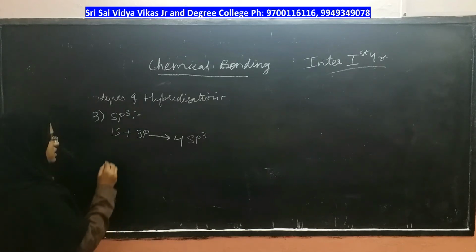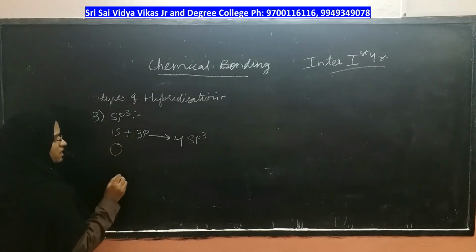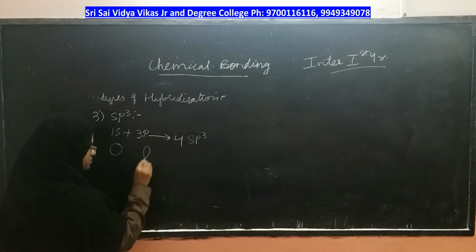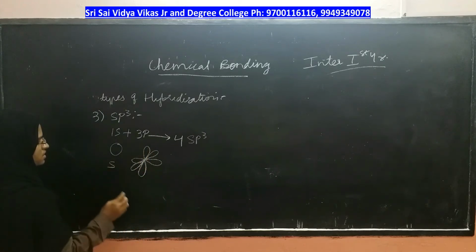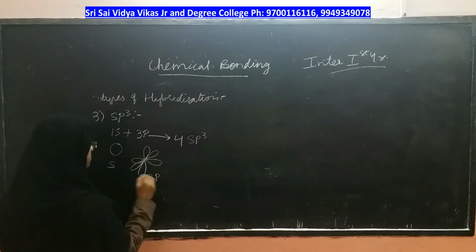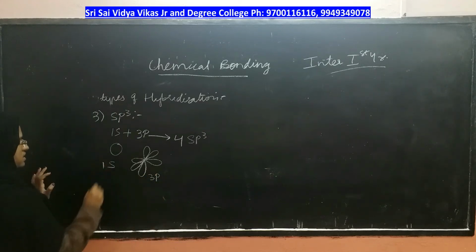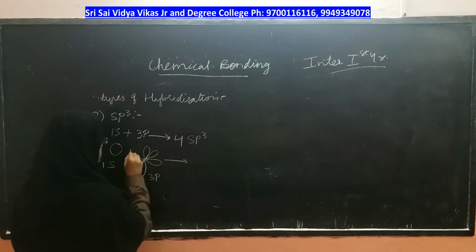Now let us look at the shape. S orbital is spherical. P orbitals: 1, 2 and 3. This is s and this is 3p, right? 1s and 3p. Now how do they mix?